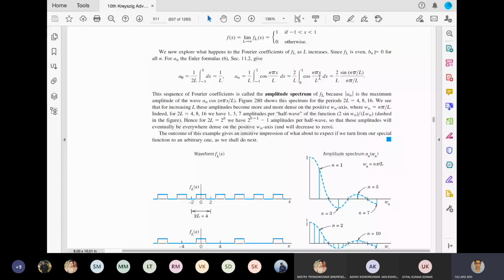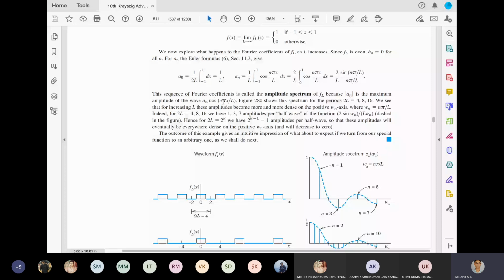If you take all the Fourier coefficients, that would be called the amplitude spectrum, which is plotted over here on the right side. We see that the value of this amplitude is a naught plus this coefficient, and this an is the maximum value of the amplitude of the wave an cos(n pi x by L).